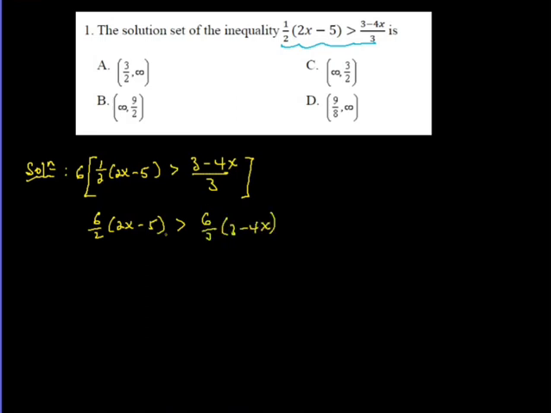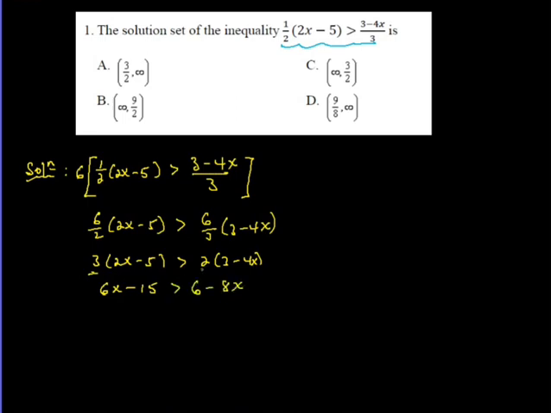Okay. So here what will happen? 3 times 2x minus 5 is greater than 2 times 3 minus 4x. Okay, 3 minus 4x. So distribute another kitchen 3. So it becomes 6x minus 15 is greater than 6 minus 8x.